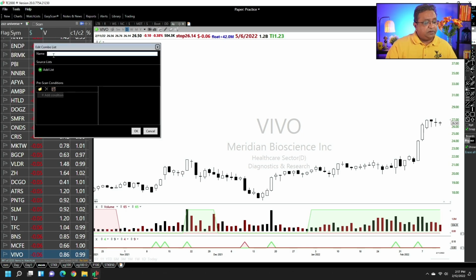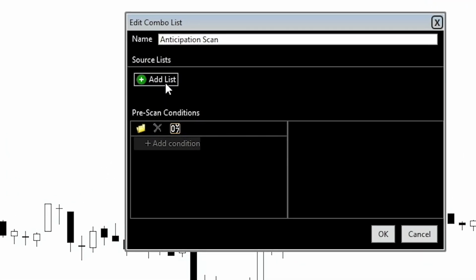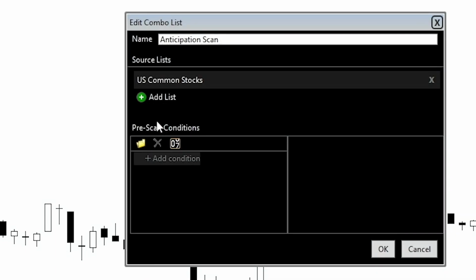I'm going to name this anticipation scan. Now it will ask you what the list is. So US stocks. I'm taking US stocks for this. Now we're going to build conditions which will find you stocks like this.